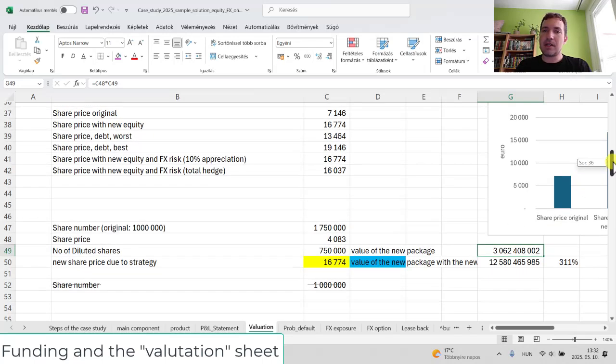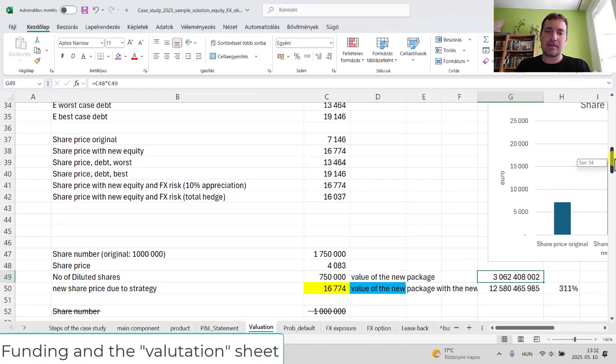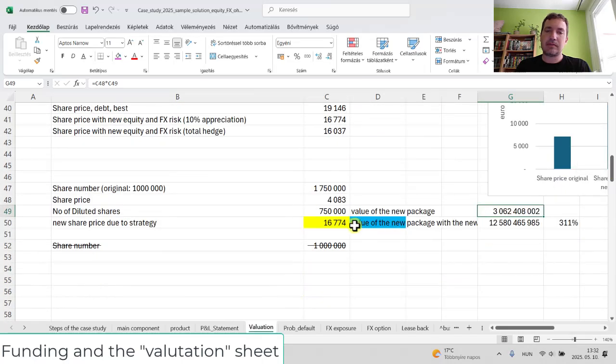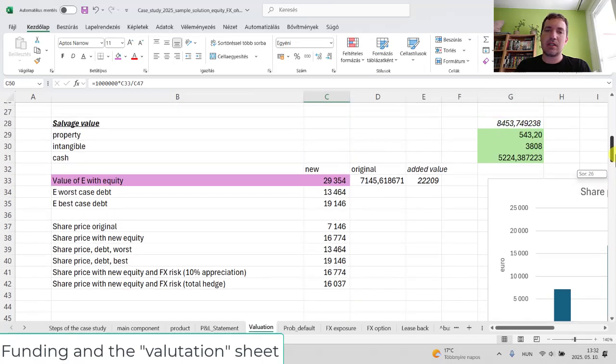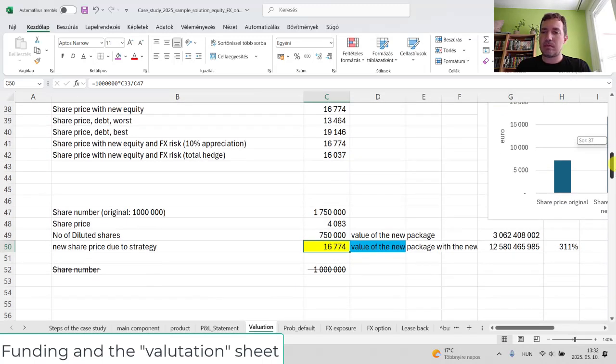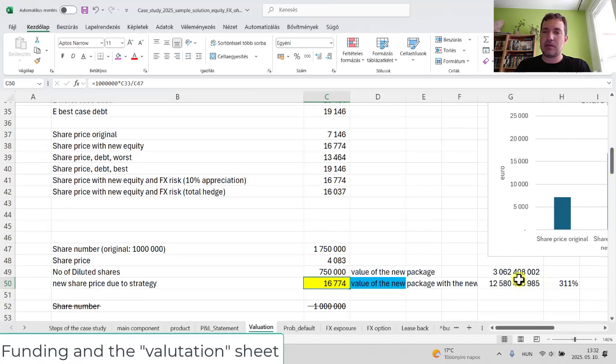But if we are executing this well, then obviously the share value will rise, because now it will be recognized what we have done here. So after that we can see the added or changing value, since we have this amount of shares at this amount of share price, then this will be the product of everything.